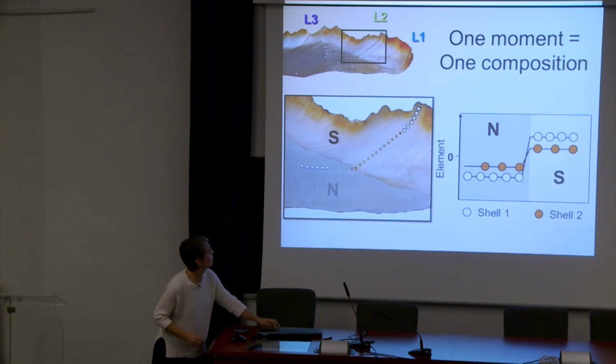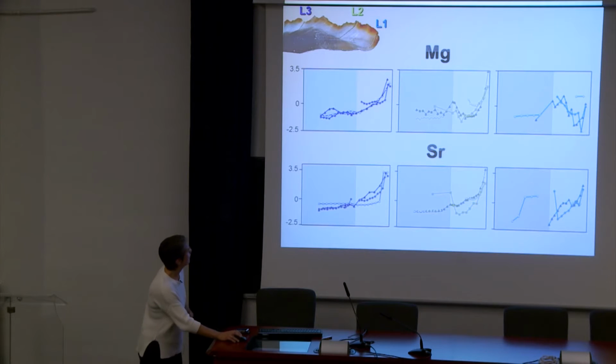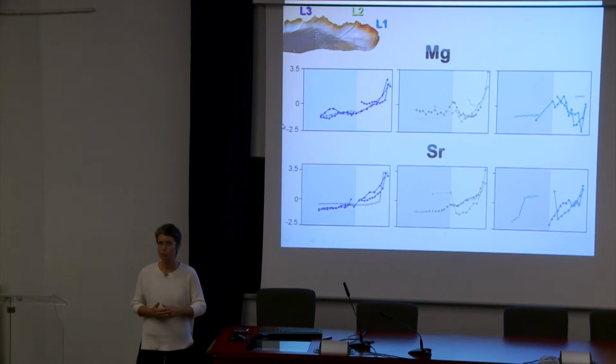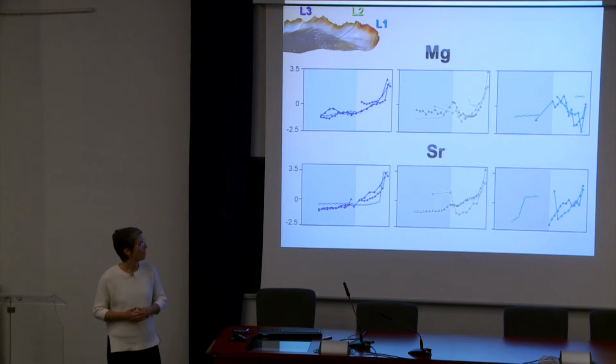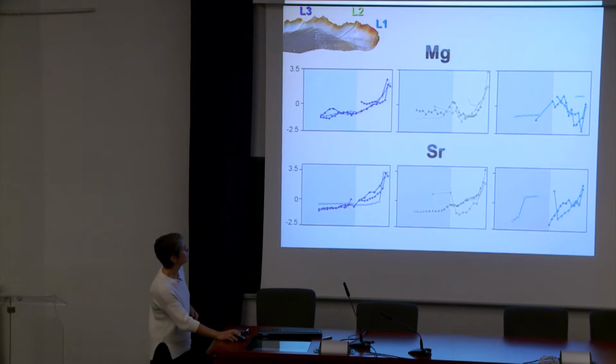So here are the results. So we have line 1 in blue here, line 2 in green, and line 3 in violet, with magnesium and strontium, and the different symbols for different shells. So first, we find again that on average, the magnesium and strontium content are higher in the spherolytic layer than in the nacre layer.